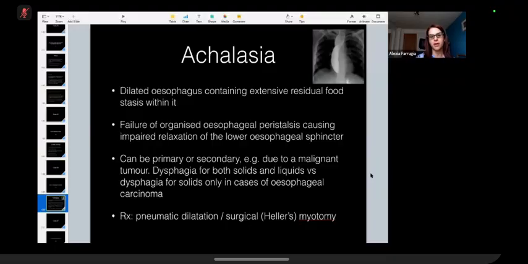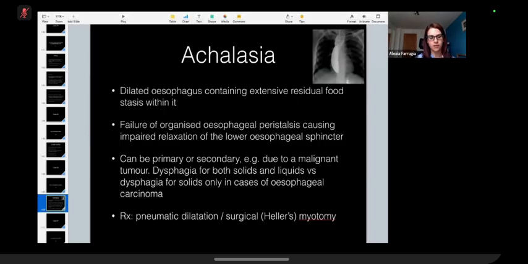It can be primary or secondary to another cause, such as a malignant tumor. And the difference between these clinically is that these patients present with dysphagia for both solids and liquids, whereas patients with an esophageal carcinoma present with dysphagia for solids only, usually. And the treatment is pneumatic dilatation, and then surgical myotomy.